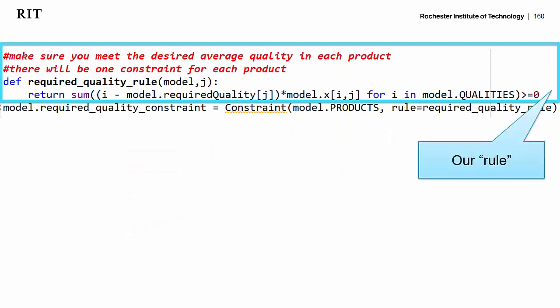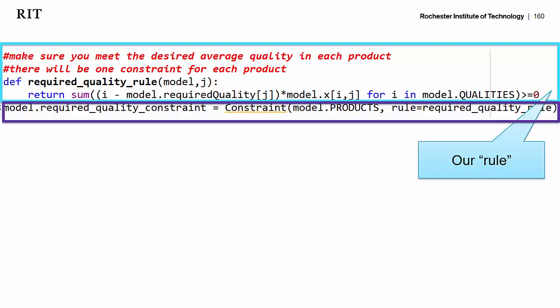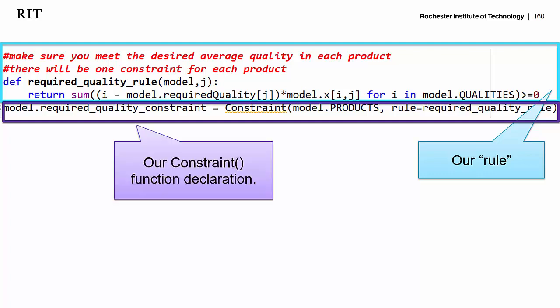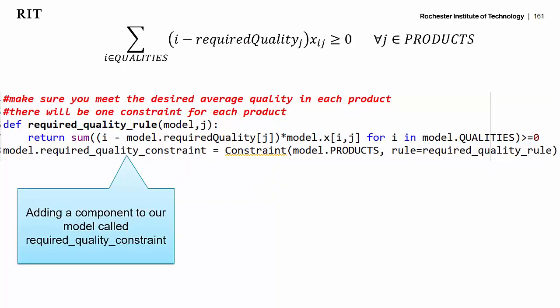So we've got our rule, and then the next line that follows is basically a constraint function that makes use of that rule that we just made to make a bunch of constraints for us. If we look more closely at this constraint function declaration, this first part, model.requiredQualityConstraint, is basically saying, hey, add something to our model and call it requiredQualityConstraint.